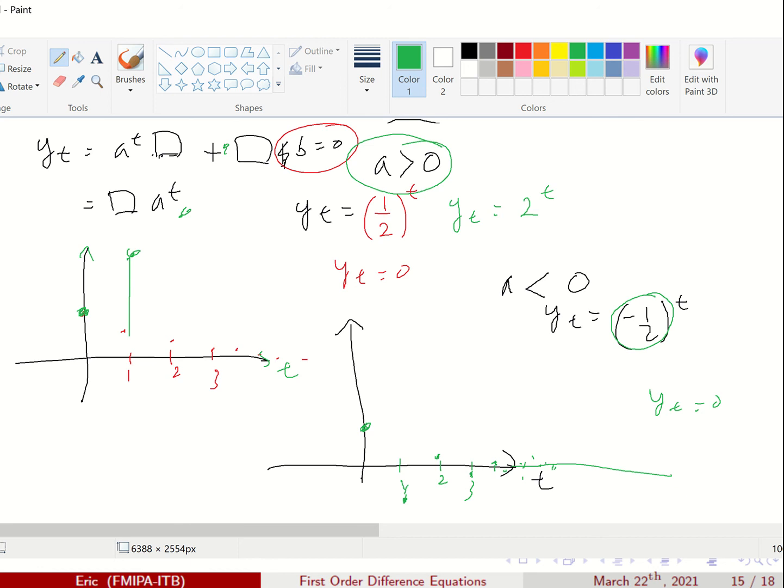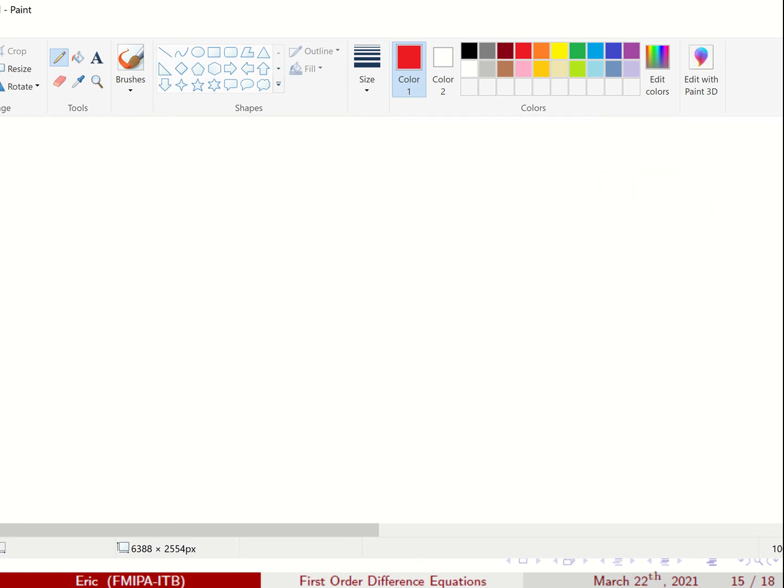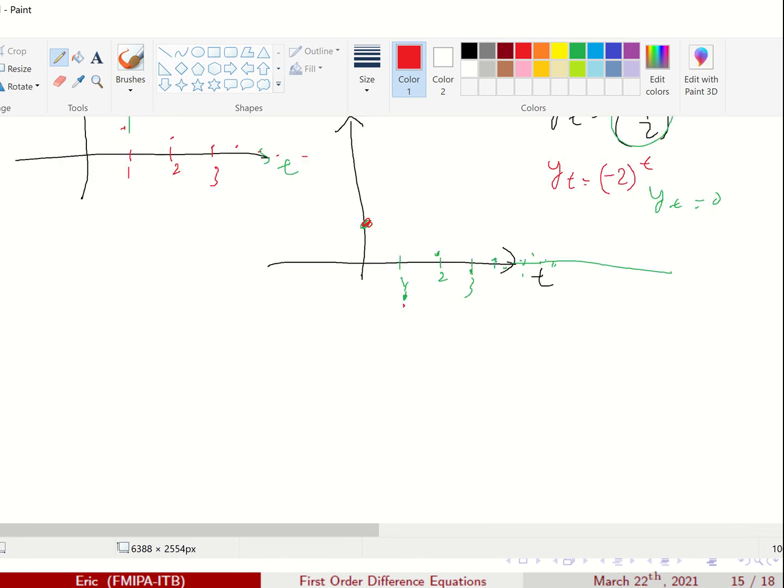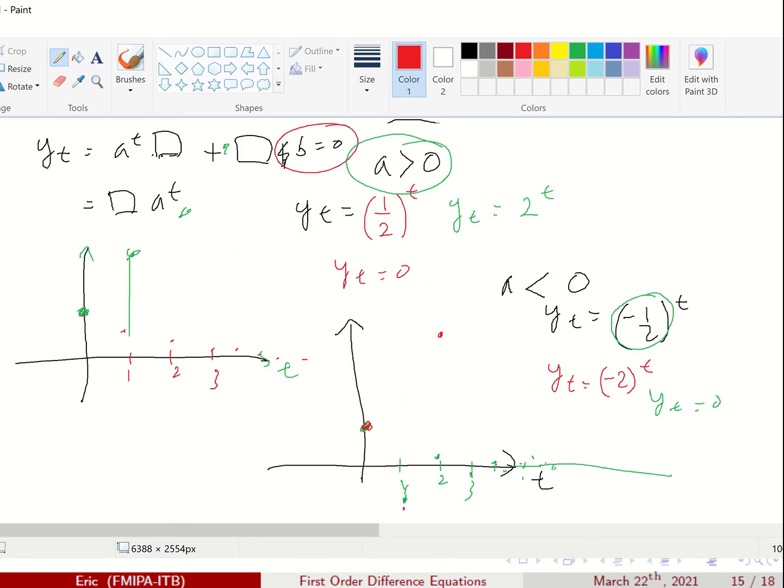What about when a is minus 2 to the power of t? You have this one, and you have minus 2 here, and then plus 4, minus 8, plus 16, and so on. So you have an oscillation, but it won't converge to a steady state solution.